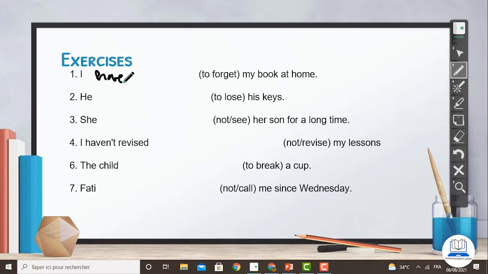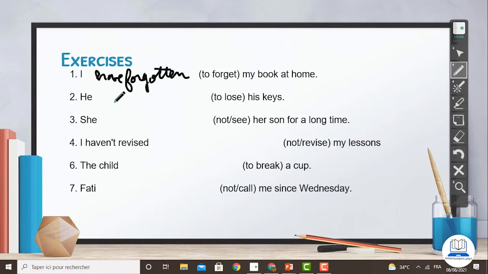And the past participle of the verb forget is forgotten. I have forgotten my book at home.